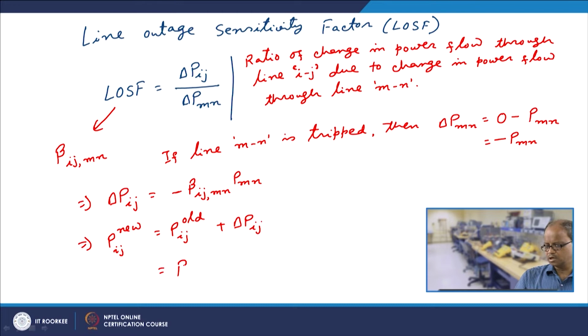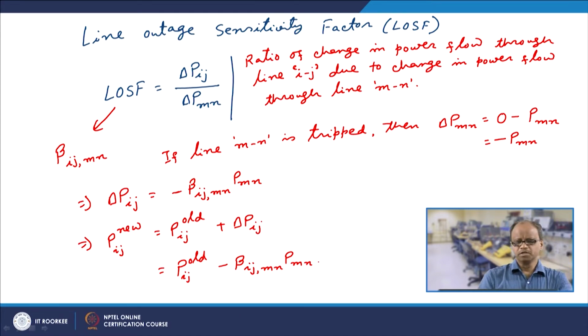So, it is Pij old minus beta ij mn into Pmn. If this quantity is known, then just by utilizing this very simple algebraic expression, we can calculate the new power flow over line ij in case line mn is tripped.